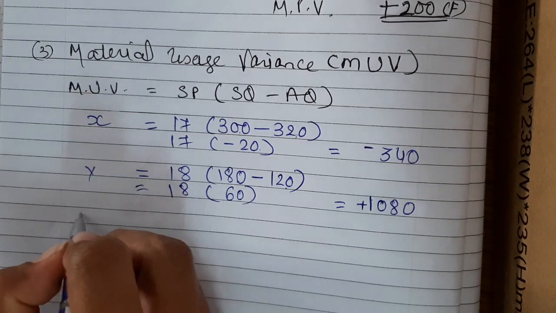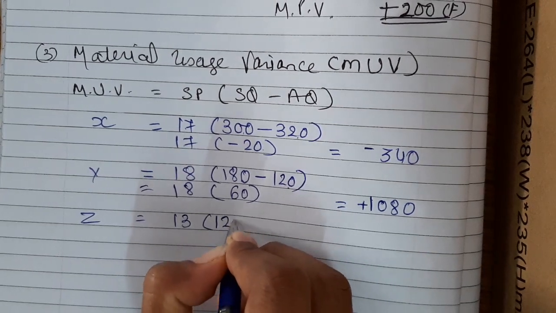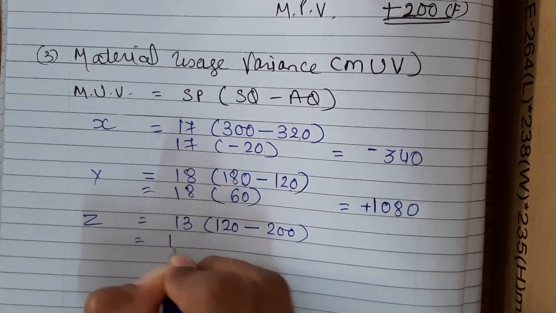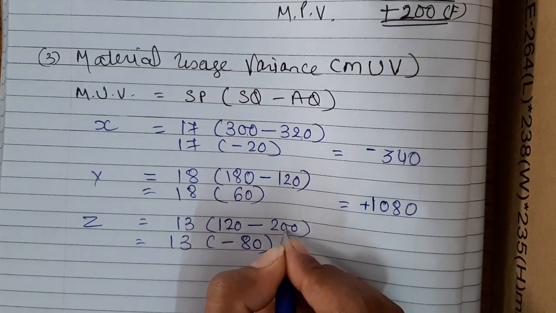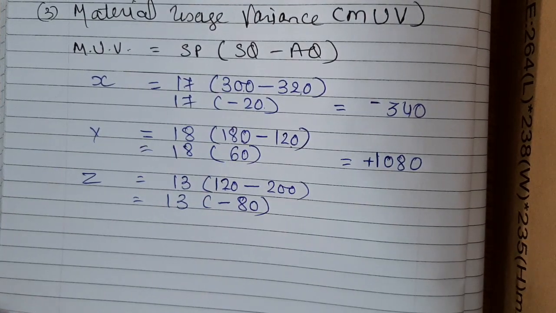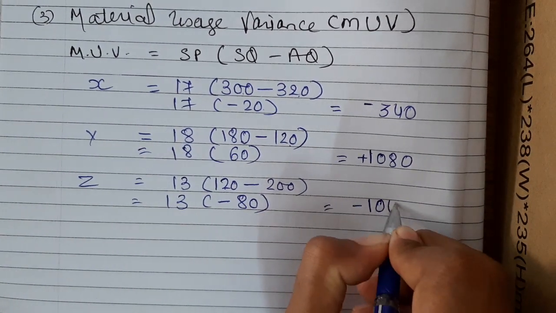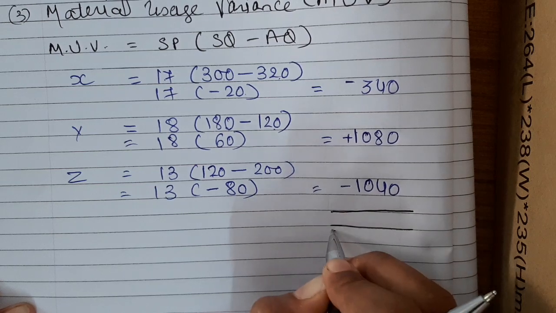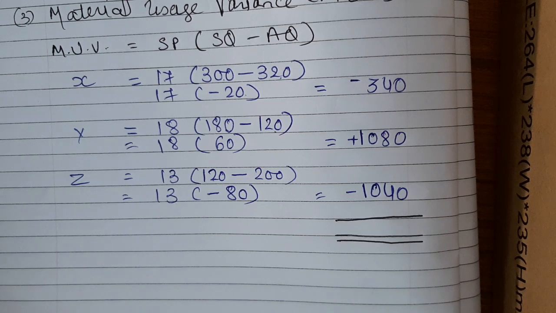And for Z, the standard price is 13, standard quantity is 120 and actual quantity is 200. So 13 into bracket negative 80, because 120 minus 200 is negative 80. So the answer is negative 1040. So by adding all this, we get the answer.